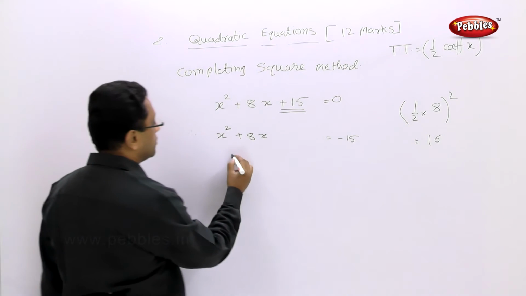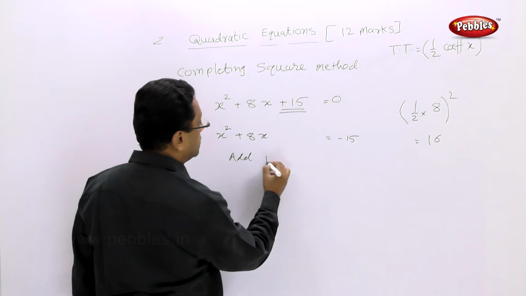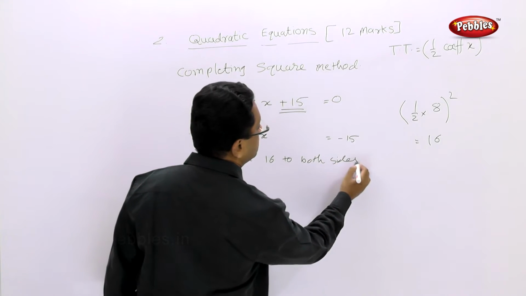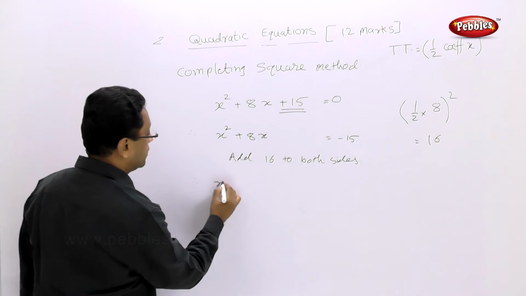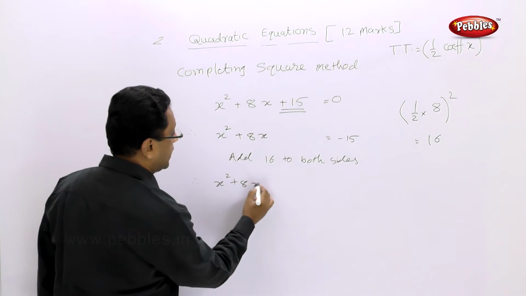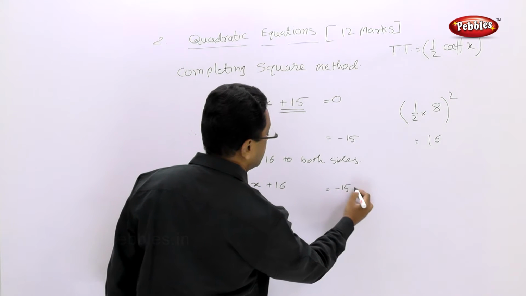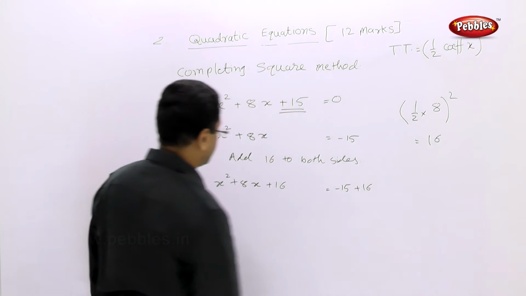So now add 16 to both sides. So we will get x square plus 8x plus 16 equal to minus 15 plus 16.